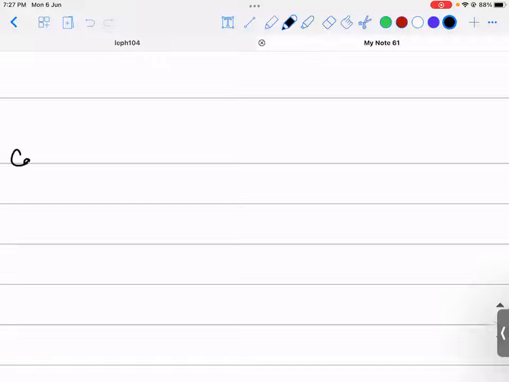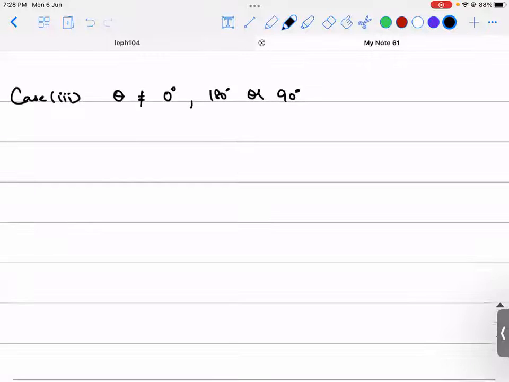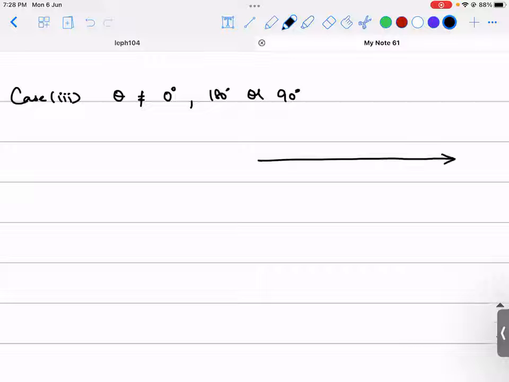Case 3 is when theta is not equal to 0 degrees, 180 degrees, or 90 degrees. Means if it is projected at some random angle other than these three values, then what is going to be the path followed by it?